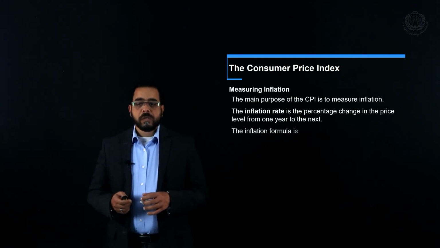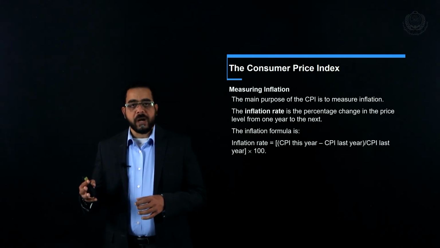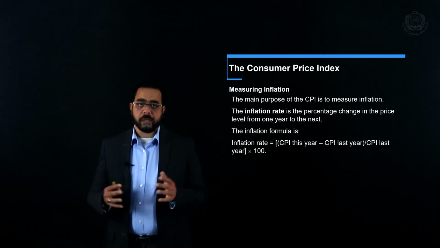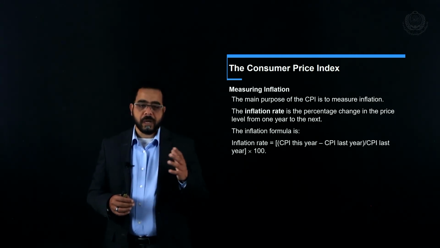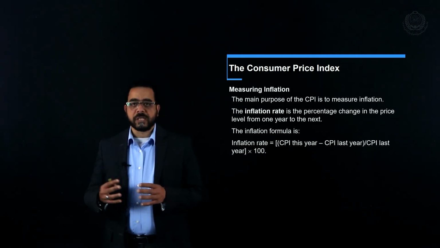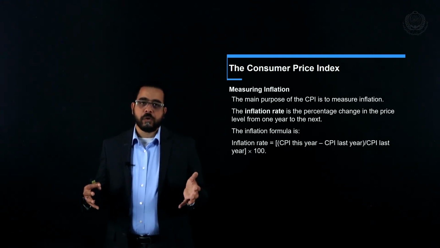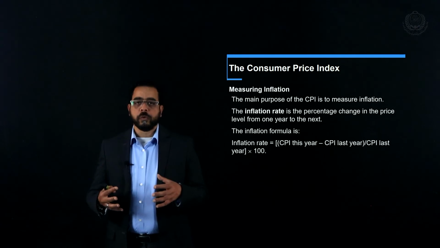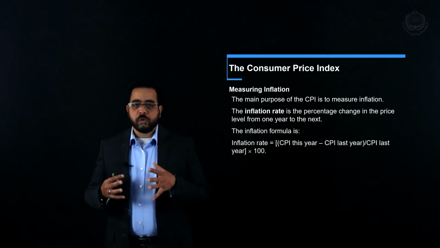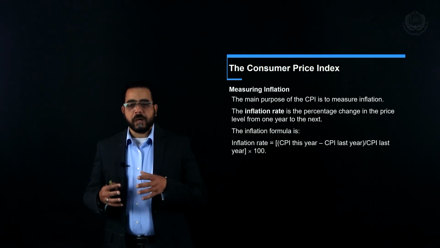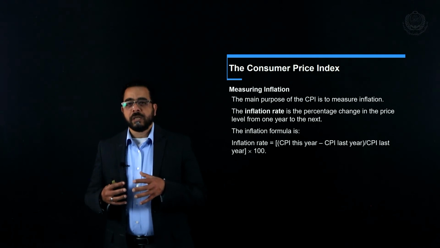In this case, the inflation formula, if we are calculating inflation on an annual basis, will be CPI this year minus CPI last year over CPI last year times 100. So it's similar to the economic growth, which was also the change in real GDP from one period to the next period. So here, inflation rate is CPI this year minus CPI last year over CPI last year.